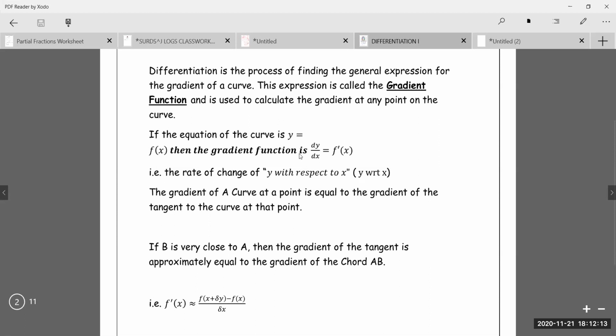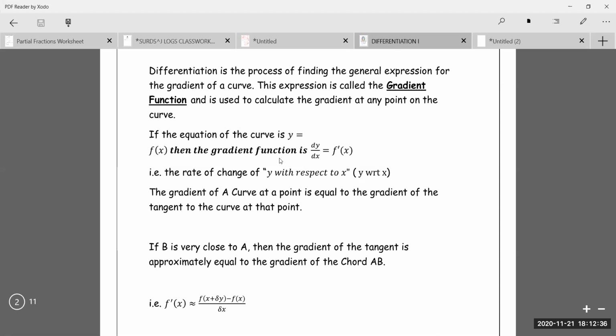Anytime you see dy by dx, that is just the gradient function for the curve. So if y equals a function of x, so y equals f of x, then the gradient is dy by dx, which is f prime of x. That means the rate of change of y with respect to x.